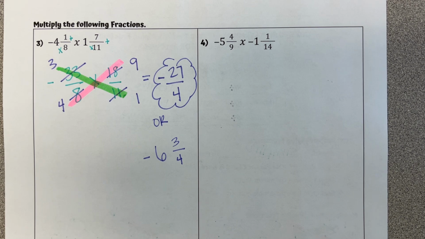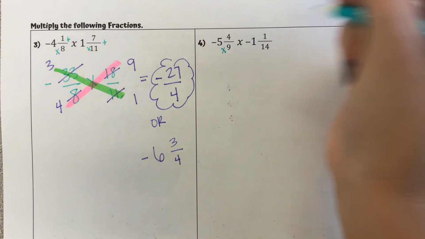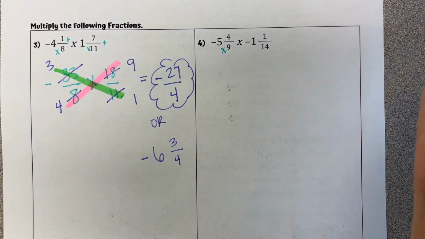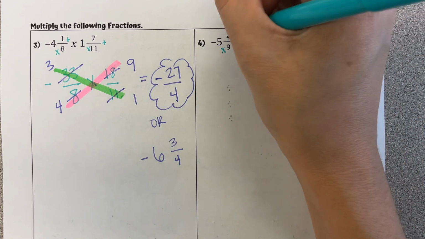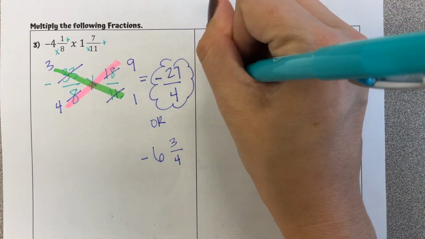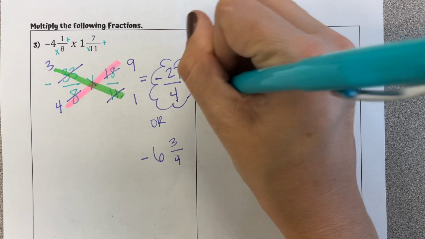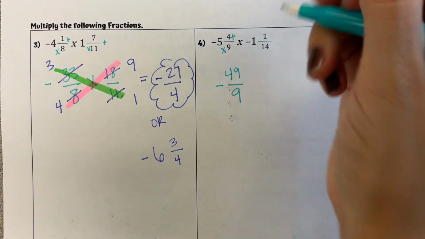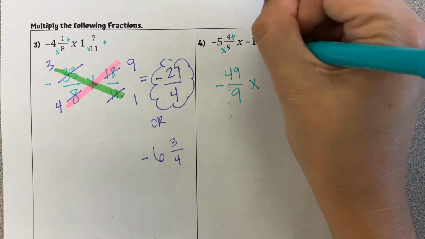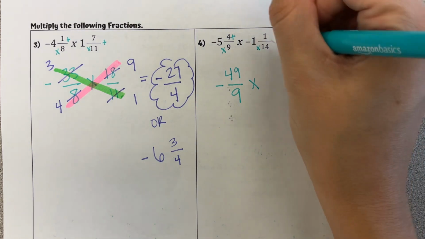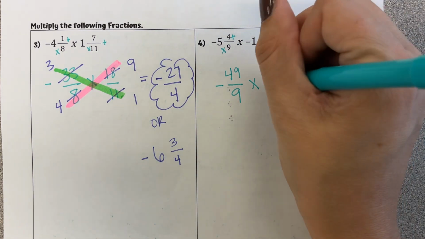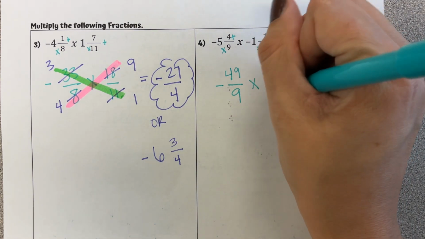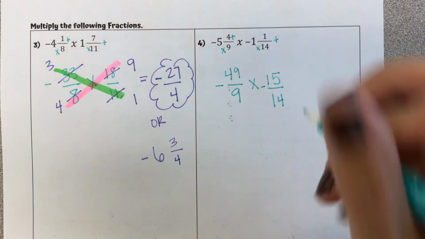All right, and then the last one. First thing we're doing, we are making it into an improper fraction. 5 times 9 is 45, plus 4 is 49 over 9, and it's negative, times 1 times 14 is 14, plus 1 is 15 over 14, and it's negative.